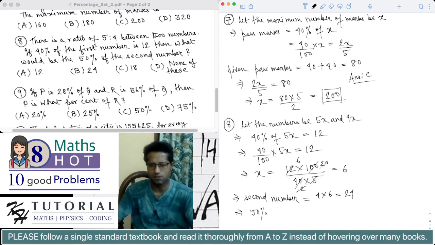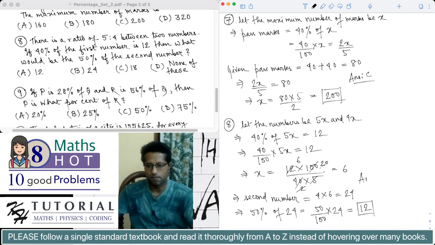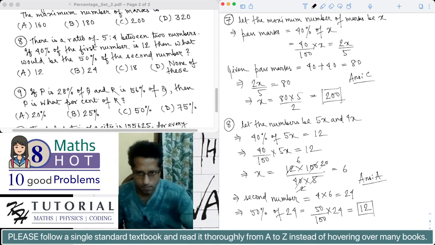Now 50% means half of a number. So 50% of 24 is equal to 50 by 100 multiplied by 24, and this is of course 12. So the correct choice is A. A is the correct choice.